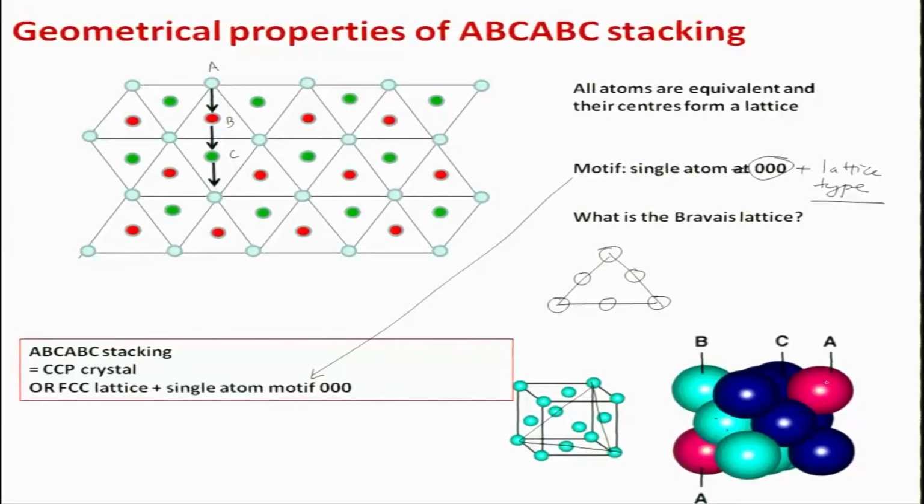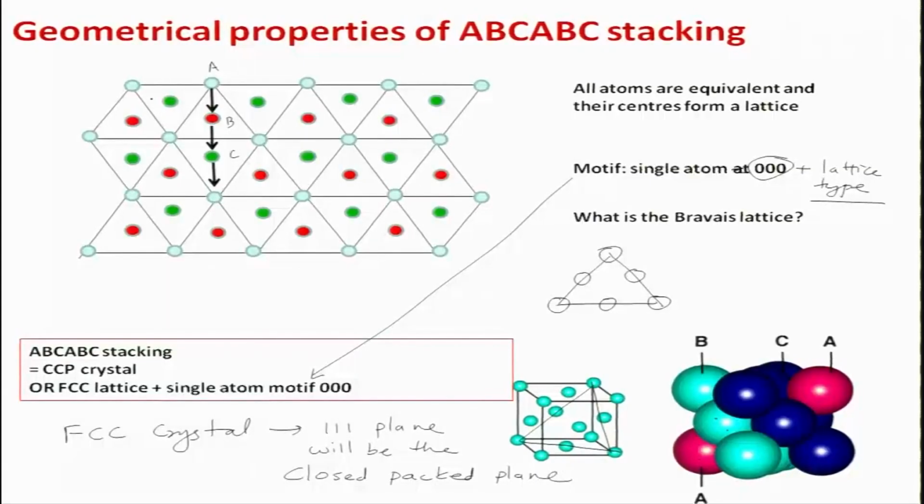So the 111 plane in an FCC crystal will be the close packed plane.